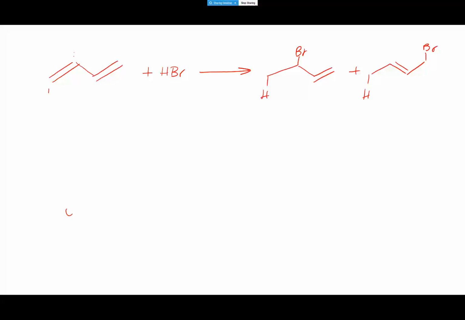And I'm going to put numbers in here: 1, 2, 3, 4, 1, 2, 3, 4, and 1, 2, 3, 4. Okay. So when you do this reaction, you get two different products. The first one we understand, right? Markovnikov addition of HBr to the first double bond. Where did the second product come from?